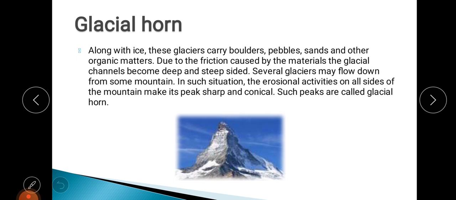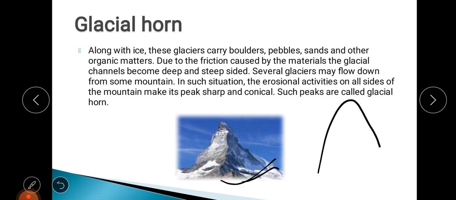Then you see one of the features that is formed due to glaciers in the mountainous region, that is your glacial horn. Glacial horn is formed because of the frictional erosion of glaciers. This is the glacial horn.